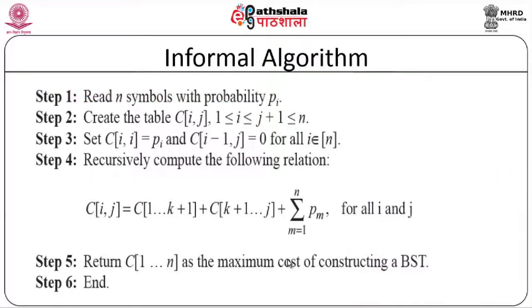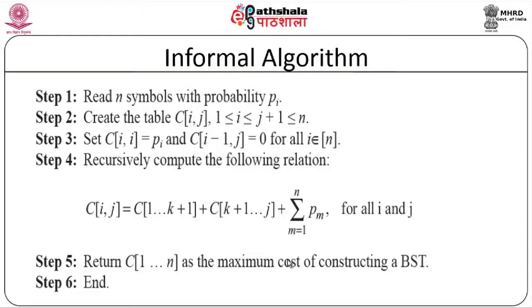So, this is the informal algorithm. Step 1: we read n symbols, and all symbols are associated with a probability p of I. As in dynamic programming, we are going to construct a table C of I comma j, where every entry illustrates the minimum cost required to compute that particular BST.